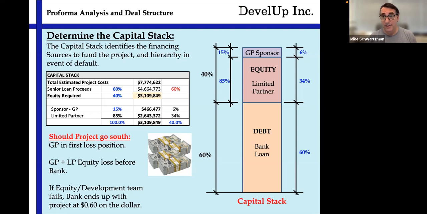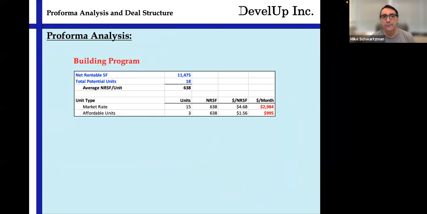So if it hits the fan, we're going to be protected. We're going to have enough money to finish the job, and we're not going to need much rent to get our money back. And we can sell the project because it's going to be worth $7.8 million. We'll clean up if we have to. They don't want to clean up that mess. Lenders do not want to be in development except by funding things. But that's the way the capital stack works.